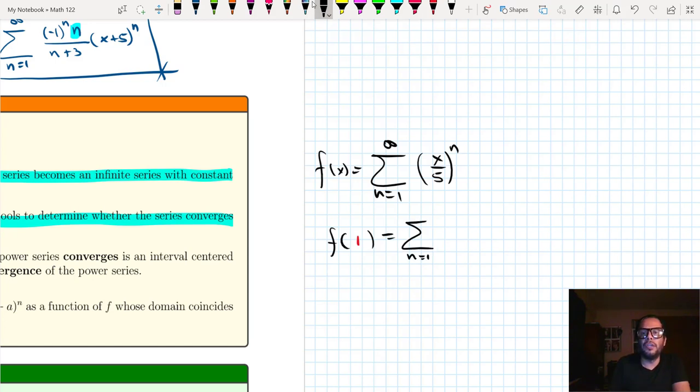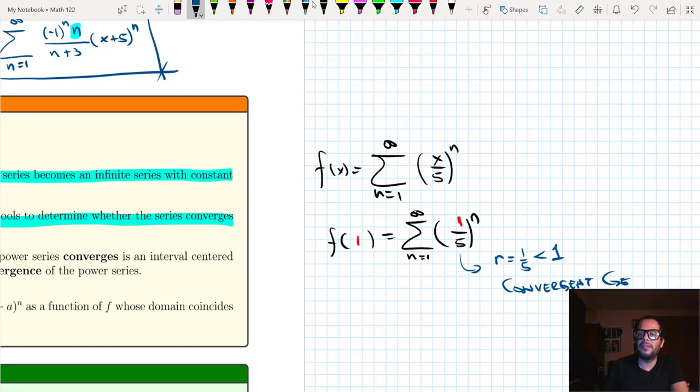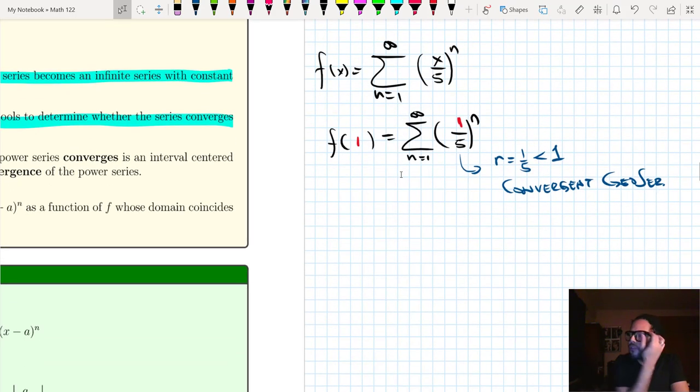Notice in this case we're only looking at x, not n. This will be 1/5. Do you recognize this series? Yes, this is a geometric series with r equals 1/5, and because this number is less than 1, this is a convergent geometric series.